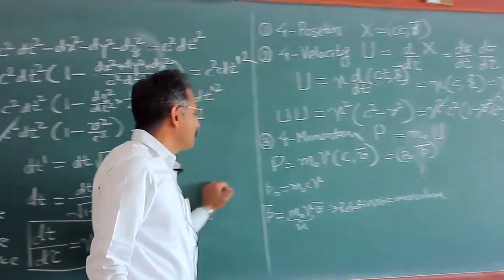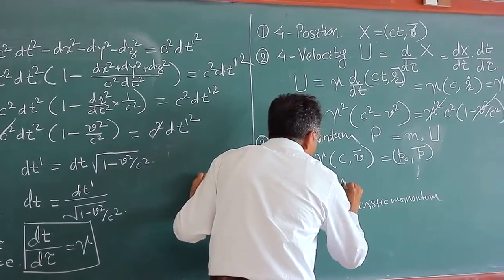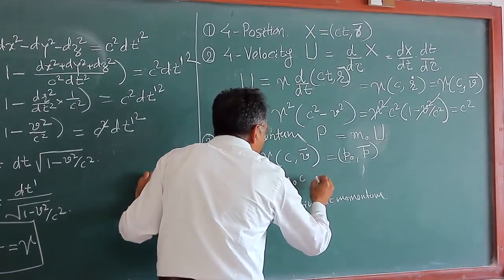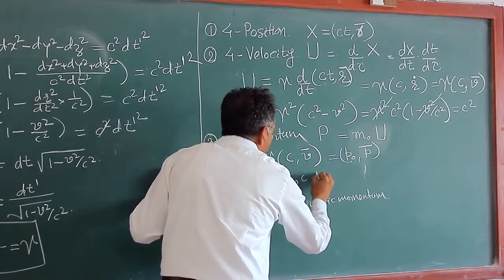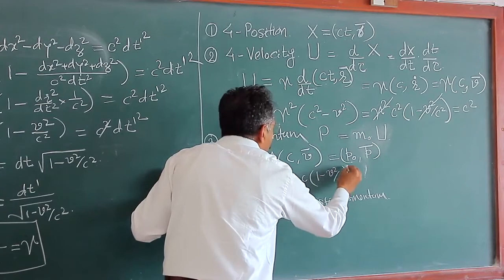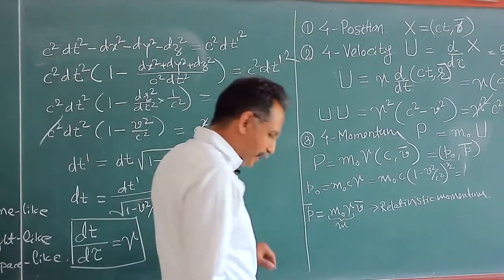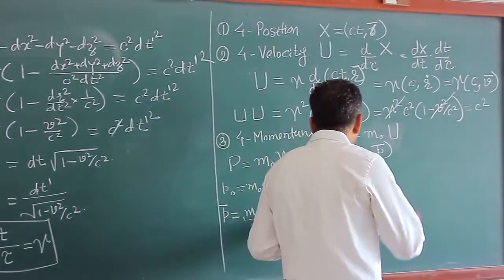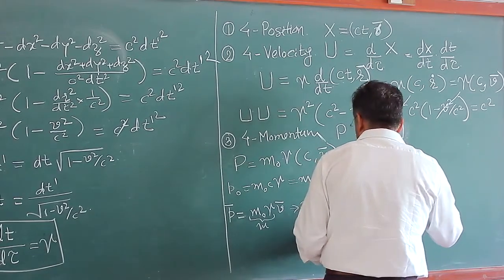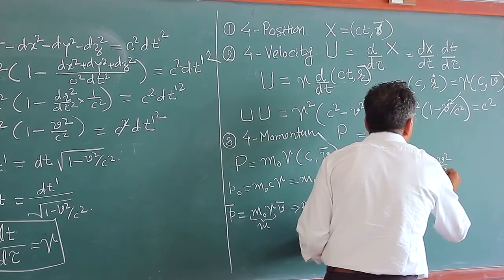Now here, this is a very interesting quantity which I would like to expand. m0 times c into 1 upon under root of 1 minus v square by c square, that can be written as 1 minus v square by c square to the power minus 1 by 2. Now we can make a binomial expansion for this, and ignoring higher order terms, we can write this as m0 c into 1 plus v square upon twice c square.